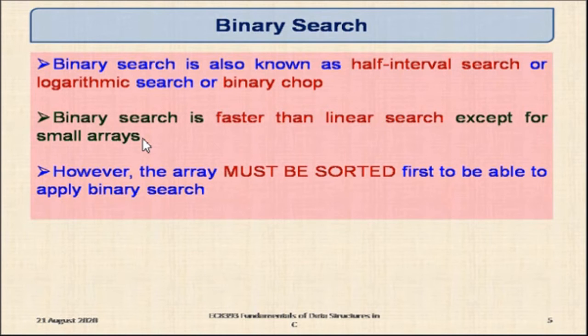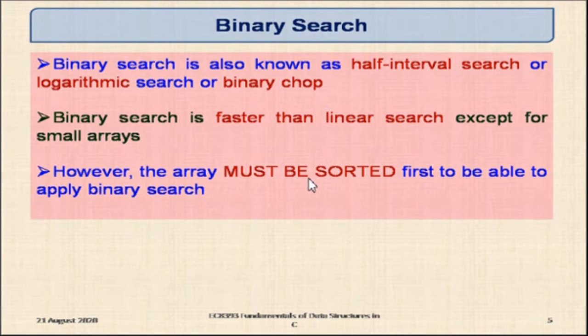that we will be seeing when we discuss the algorithm. And one more condition, or we can say prerequisite, for binary search is that the array or the list, the set of data, must be sorted before applying the binary search algorithm. That is the meaning of the third statement: the array must be sorted first to be able to apply binary search.